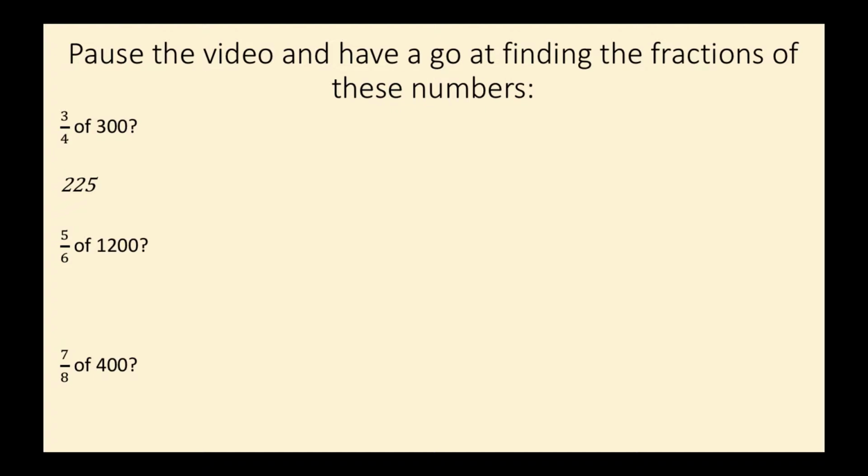Again, if you're not sure how to do multiplication on paper or even in your head, we do have some videos on that as well. So 1200 divided by 6 was actually 200, and then 200 times 5 is 1000. Can you remember what 400 divided by 8 was? It was 50. 50 times 7 is 350.